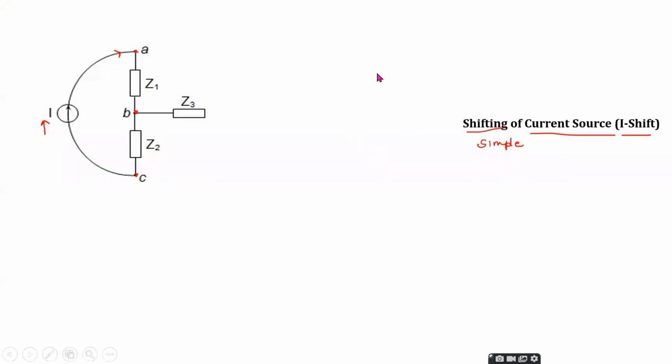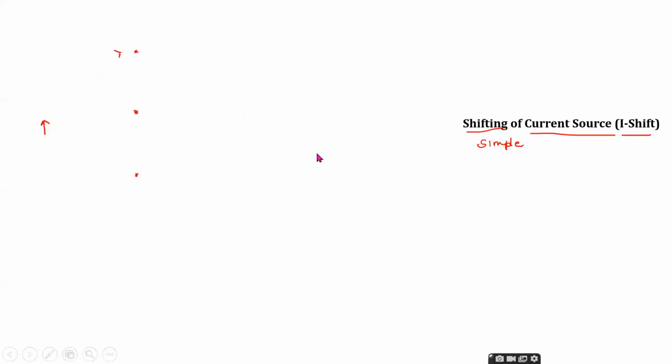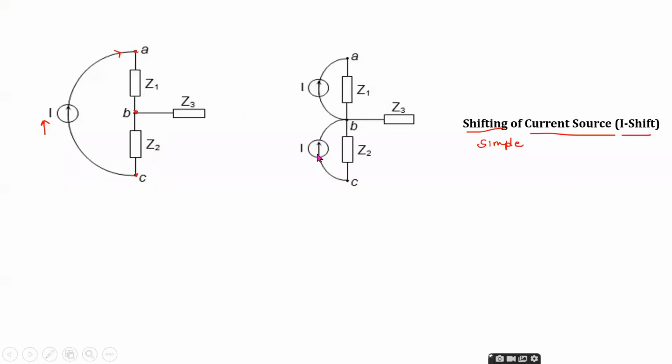If this is the case, it cannot be reduced to its simplest form. For that reason, I do shift this current source here. I do shift the current source in this manner. All right. So these two circuits are one and the same.